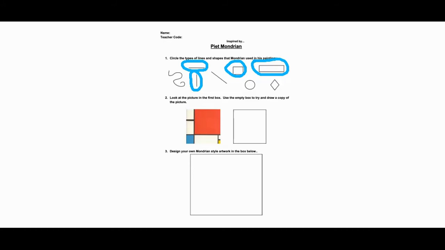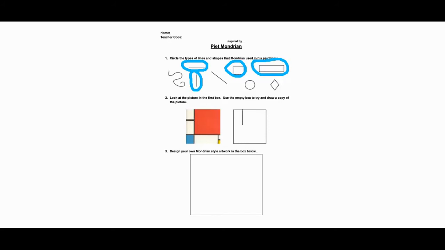Yay! So now here it says, look at the picture in the first box, and in this box, try to copy this. So I'm going to slide the color down. I'm going to choose a pencil because it might be a little smaller for me, and I'm going to try to copy.